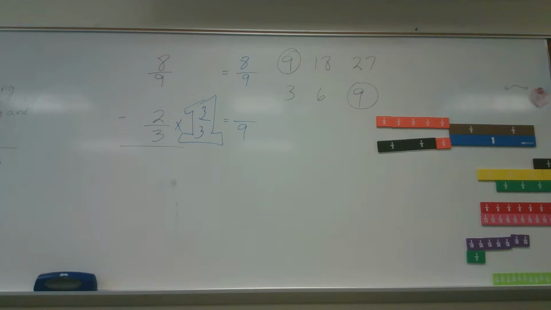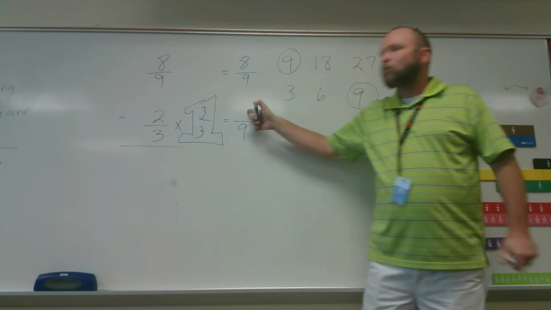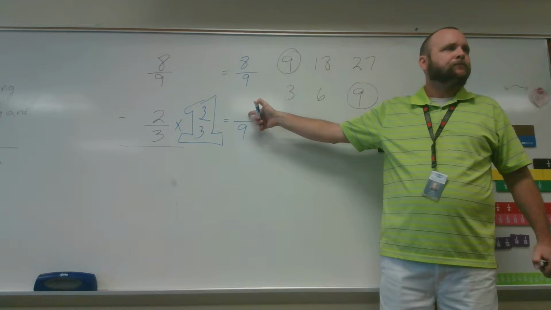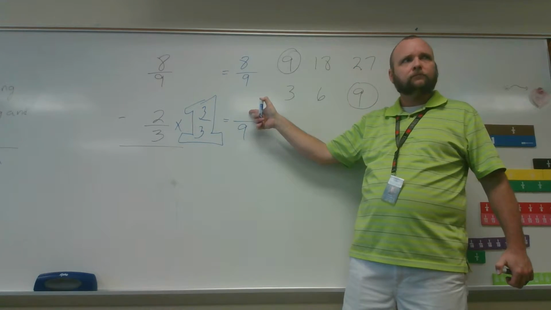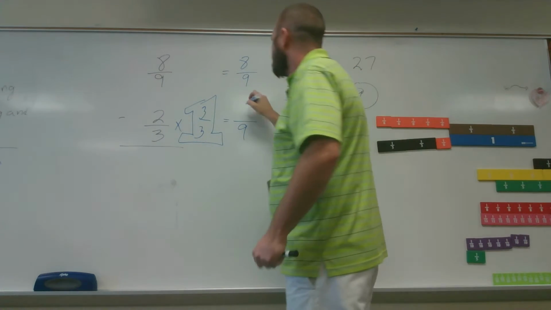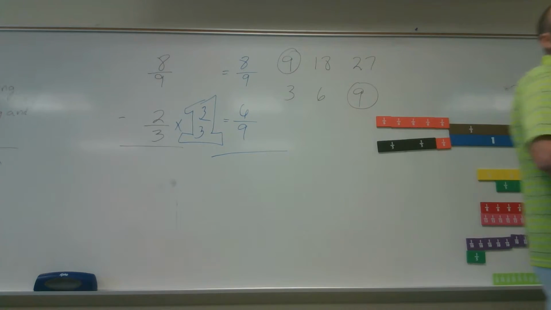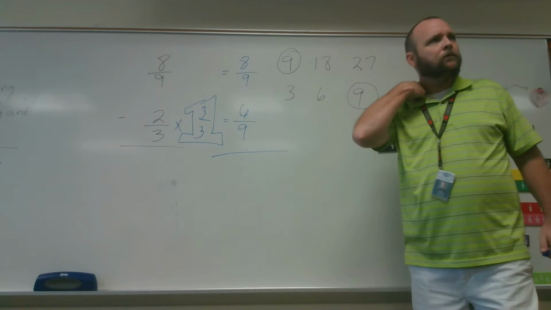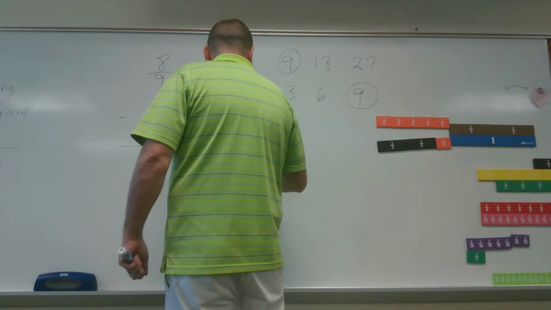Multiplying straight across, what is my numerator? 6. So we have 8/9 and 6/9. Rocky? Equals 2/9, because yes, it is subtraction.